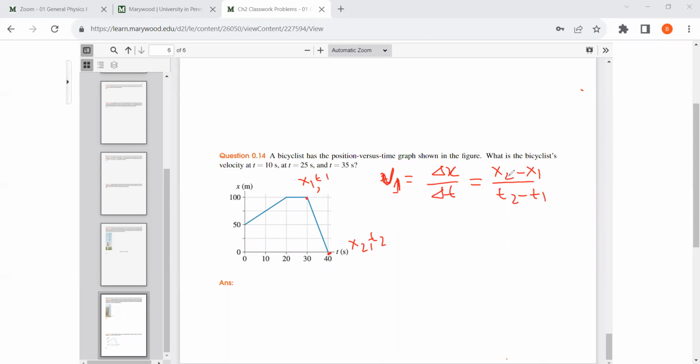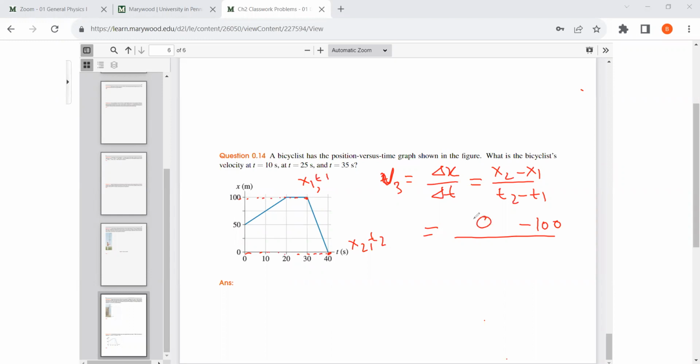Now this is 3. So x1 is 100 meters, you see that this is 100 meters, and x2 is 0.